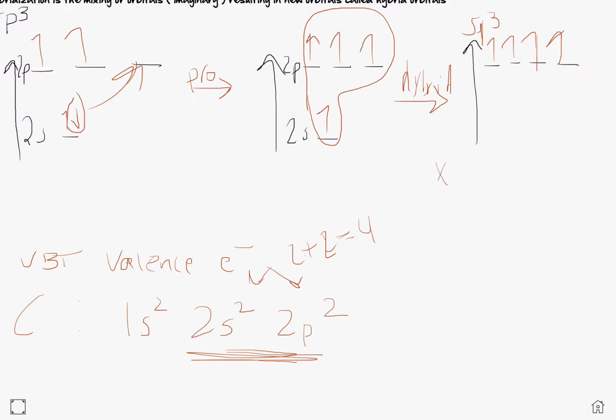So 4 equivalent sp3 hybrid orbitals are available for sigma bonds.